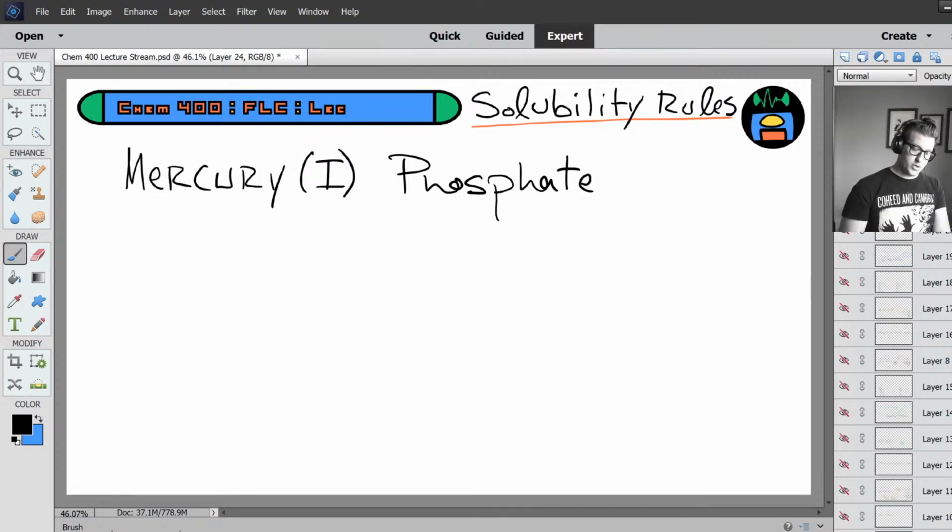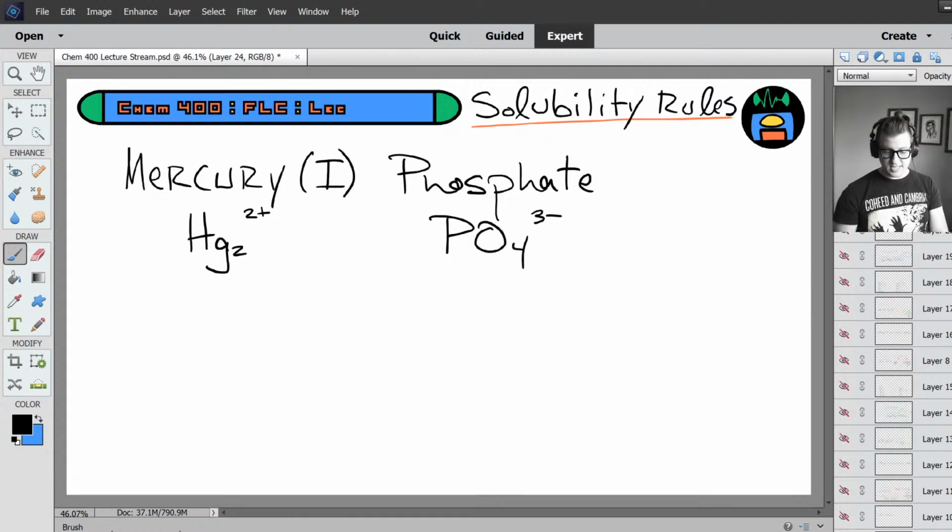All right, mercury 1 phosphate. Both of these are polyatomic ions. Mercury 1 is a polyatomic ion that's Hg2 with a charge of 2+. Phosphate is a polyatomic ion PO4 with a charge of 3-. Now the problem is our charges here do not go into each other evenly. 2 does not go into 3 evenly.